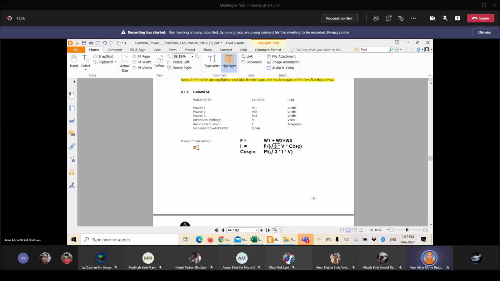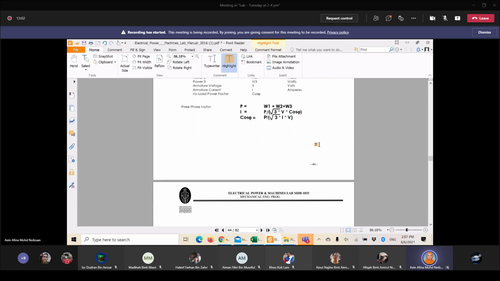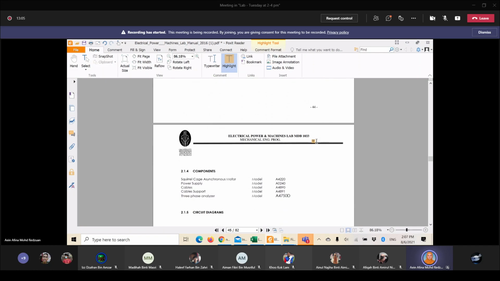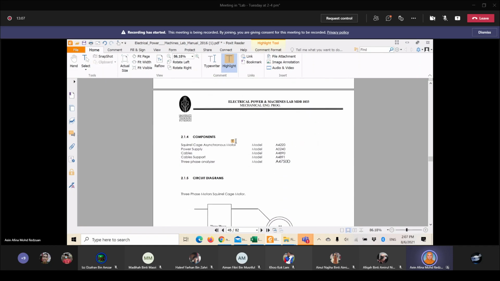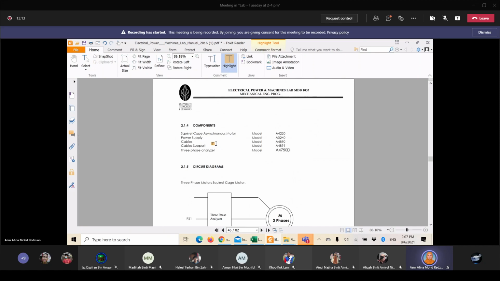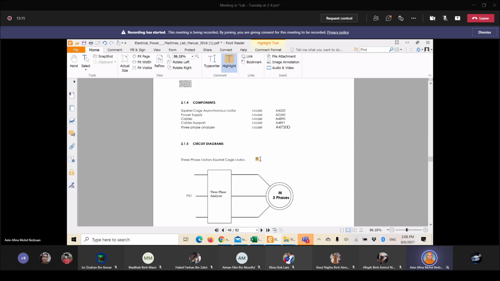These are the formulas that you guys need to calculate and write in the lab report, and discuss. And these are the components involved: squirrel cage asynchronous motor, power supply, cables, 3-phase analyzer.